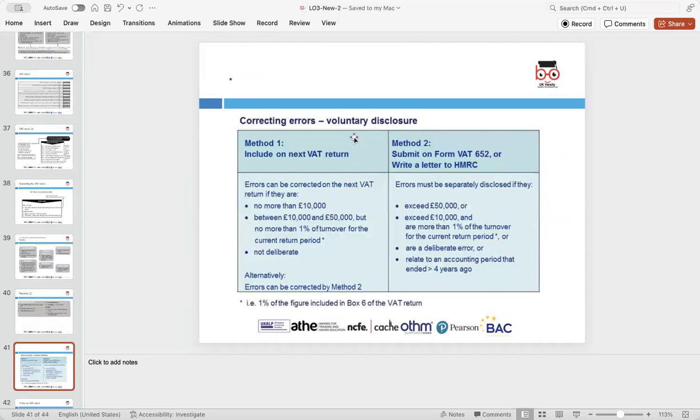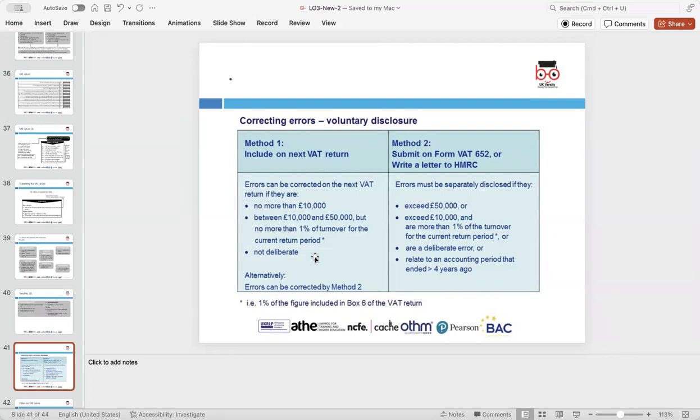Correcting errors and voluntary disclosures. Correcting errors in VAT returns is a standard practice to maintain accurate records and comply with tax regulations. There are different methods. Method one: errors can be corrected on the next VAT return if they meet certain criteria.